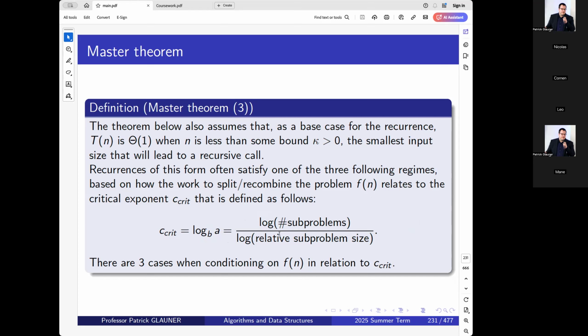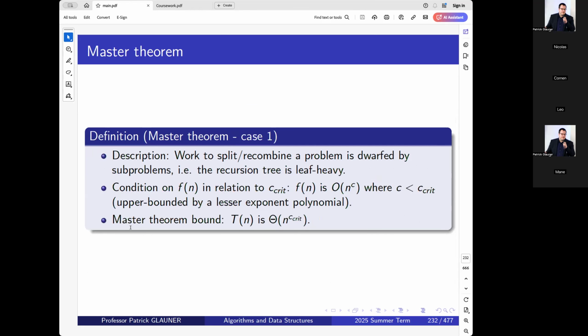And B is the factor by which we divide the problem size for these subproblems. So we are dividing the logarithm of the number of subproblems by the logarithm of the relative subproblem size. But A and B are just integers, so you can calculate this logarithm quite easily.